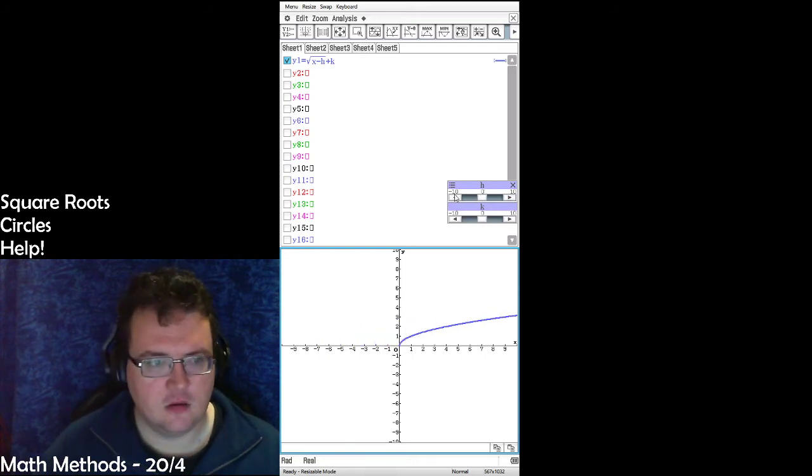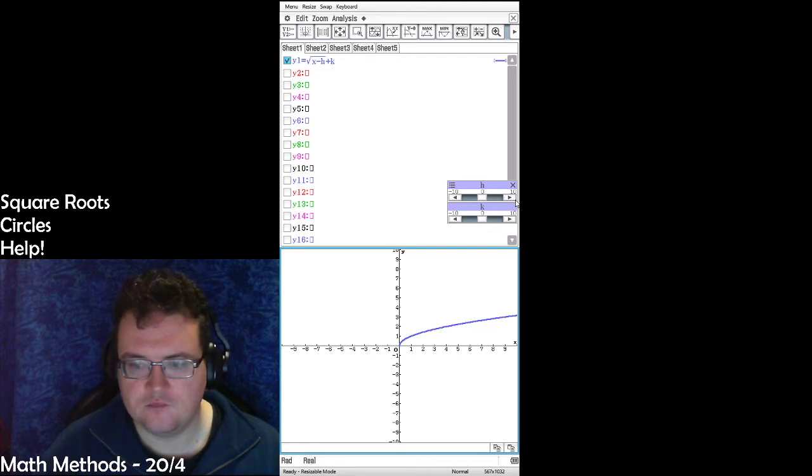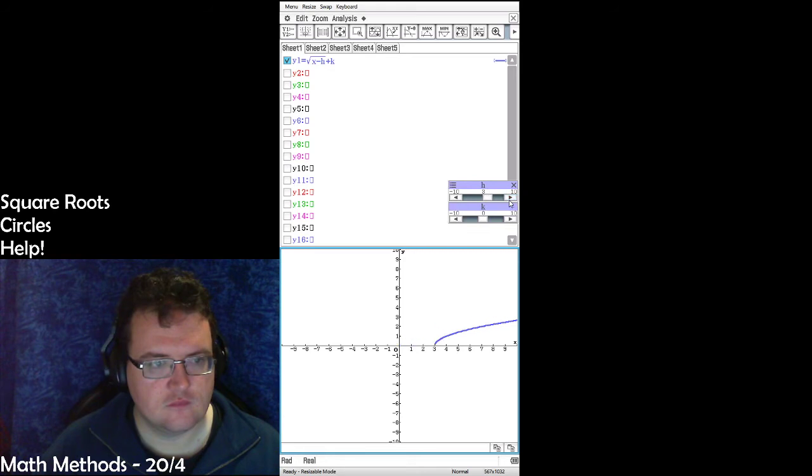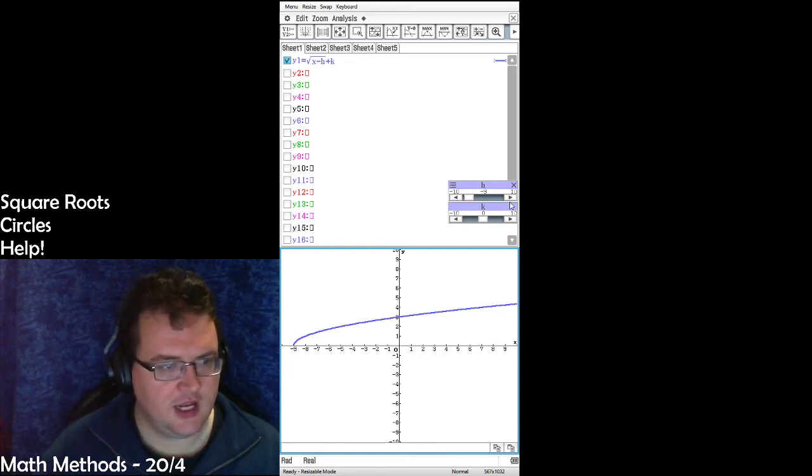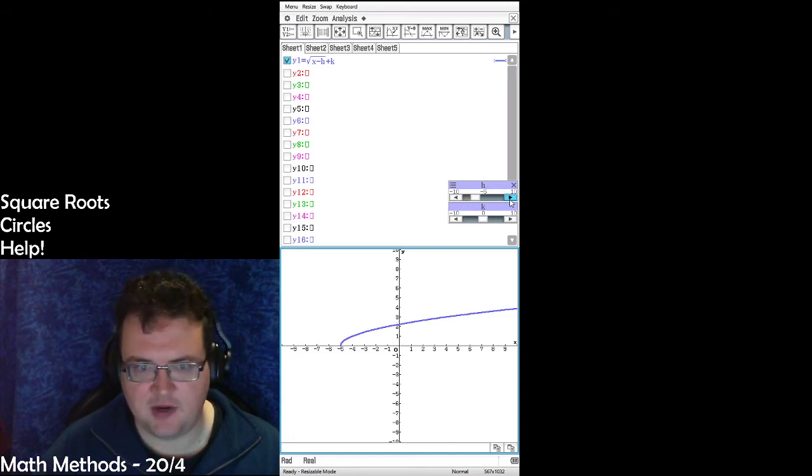What's happening here as I change h? What's happening to the endpoint of the graph? As I increase or decrease h, what is happening to the graph?